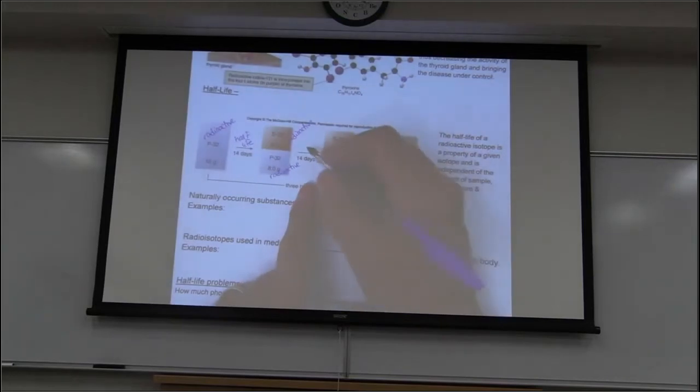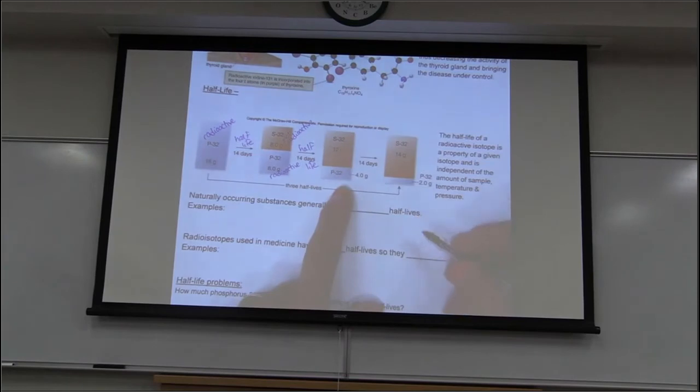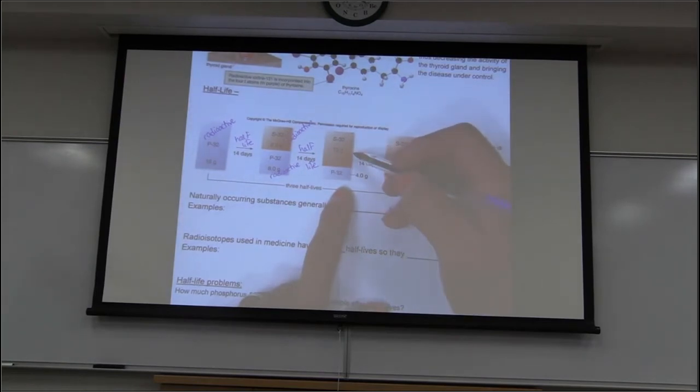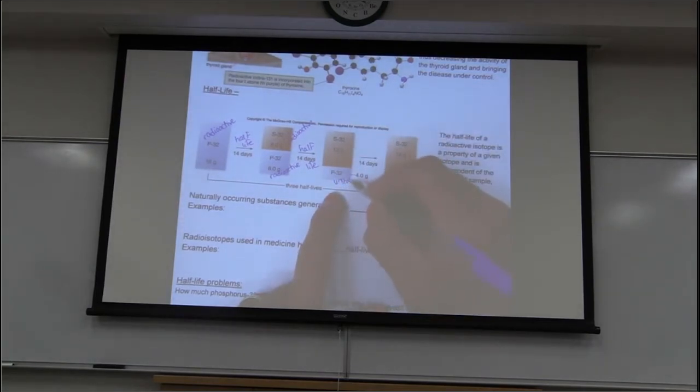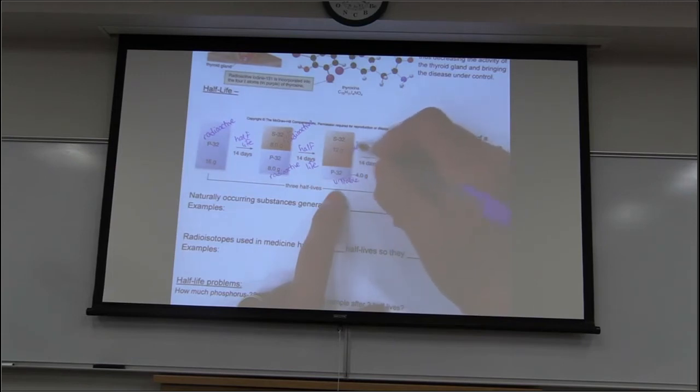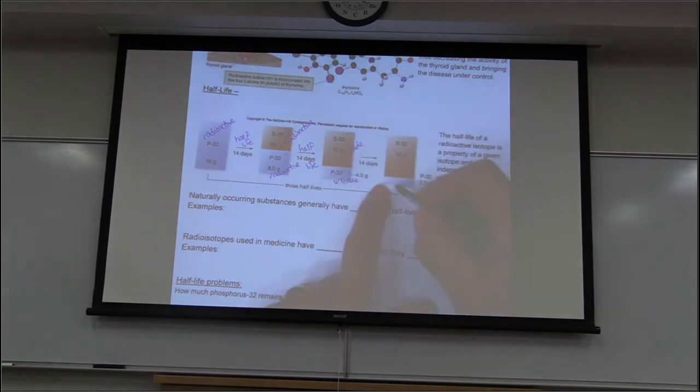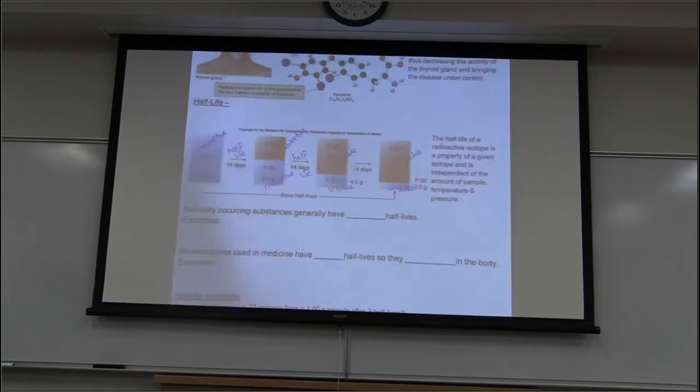After another half-life of 14 days, what do we find? It's cut in half again. But what's increased? So again, we have unstable, less unstable, more stable. After another 14 days, less unstable and more stable. Eventually, what's going to happen? Virtually all of it is gone. And then the question that somebody has is, well, what happens to the sulfur?